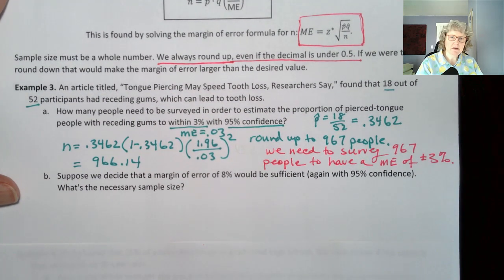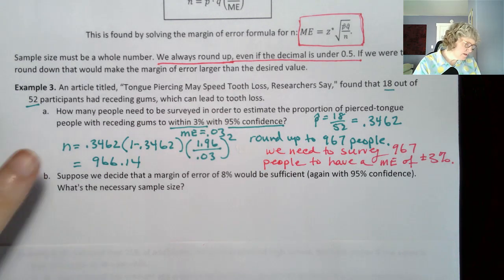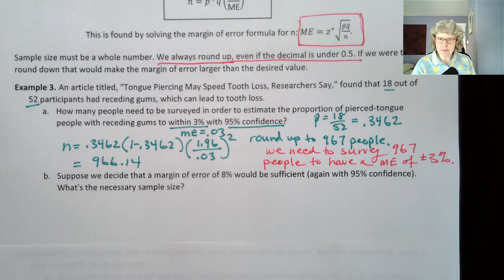Now there's a part B on this one. Suppose we decide that a margin of error of 8% would be sufficient. Okay, so that's much larger. Again, with 95% confidence, what's the necessary sample size? Okay, so everything else stays the same unless they specifically tell us what's changing, like this margin of error.